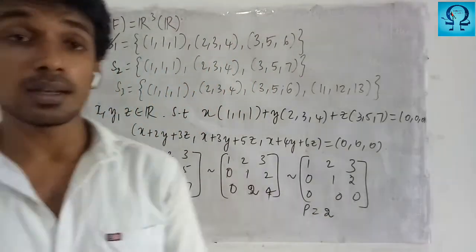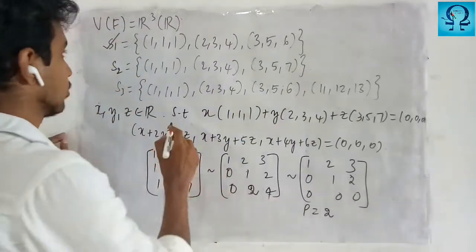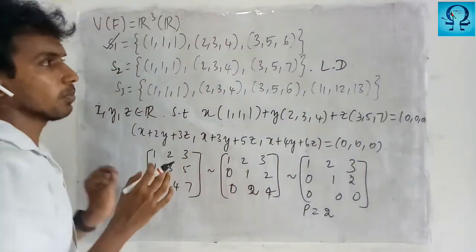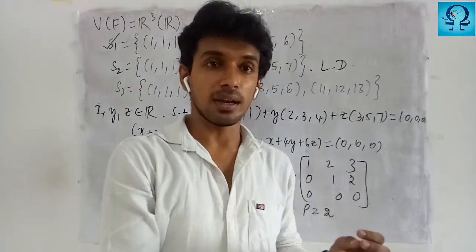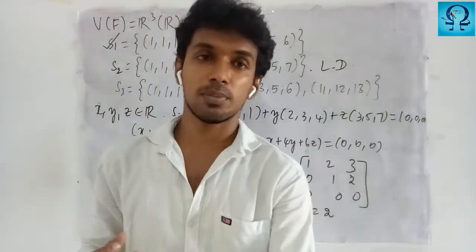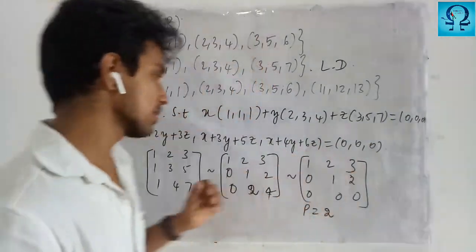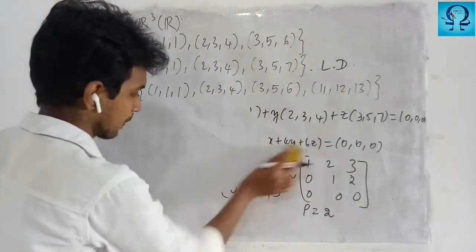Hence, it is not a linearly independent set. Right? So here you have linearly dependent. If this is linearly dependent, some entries are independent and some entry can be written as a linear combination of the previous entries. Let us try to do that too.